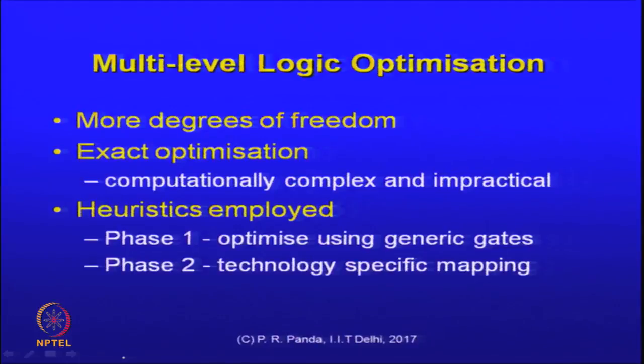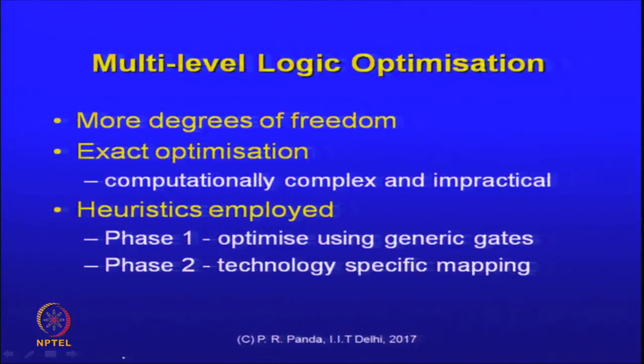In the second phase, there is a technology-specific mapping, where you take the optimized netlist from the first phase and then make decisions about how that generic netlist would be realized in terms of cells that are available in a particular technology library.